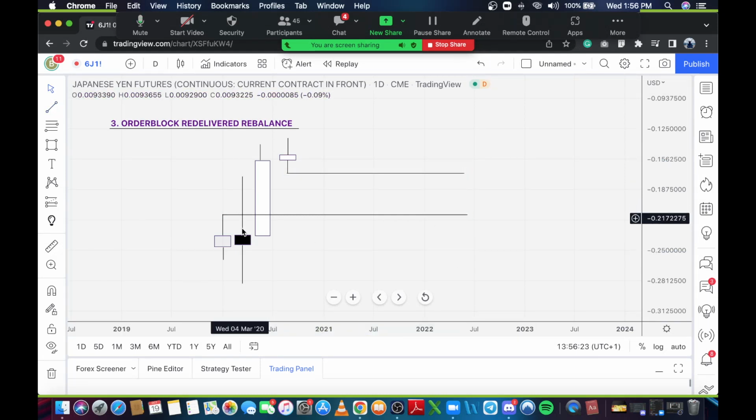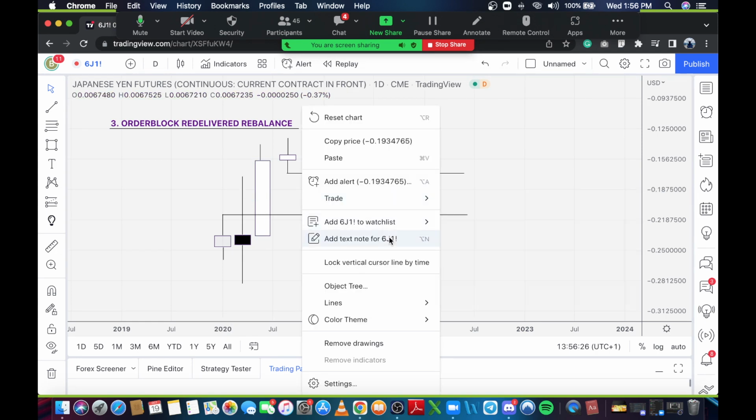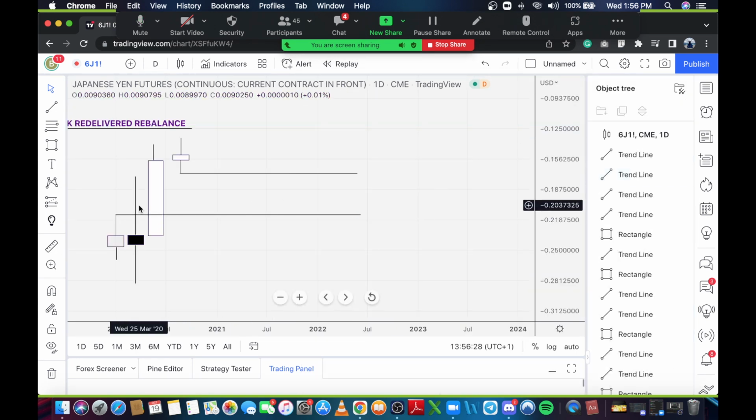Because you want to treat that as an actual market gap. If I took away the wick of that candle, you can see there's an actual gap in the marketplace. It's only buy side delivered there. There's no sell side. If I add the wick there, now it looks like a bullish order block. But I'm not looking at that as a bullish order block because I'm looking at the gap wick. So that is the difference.